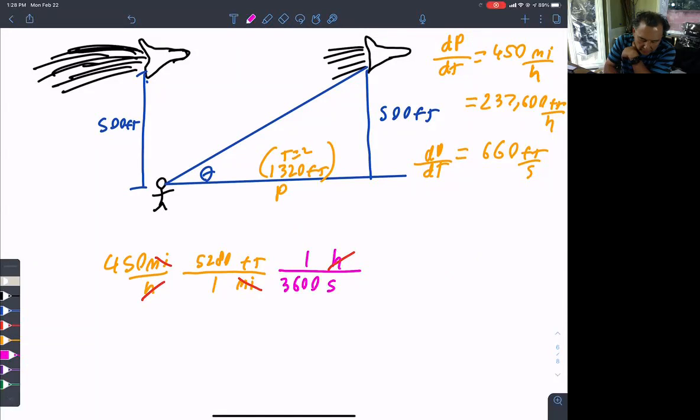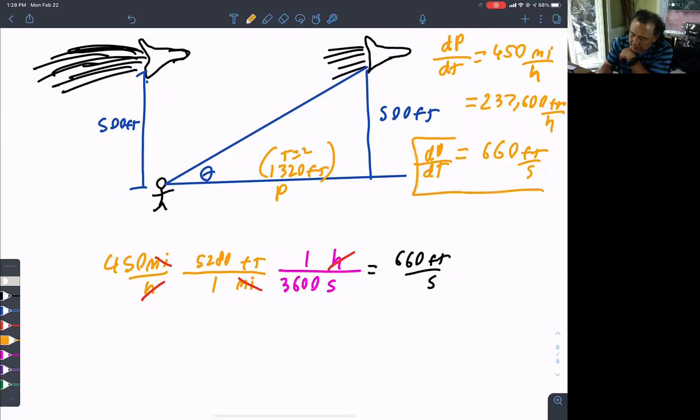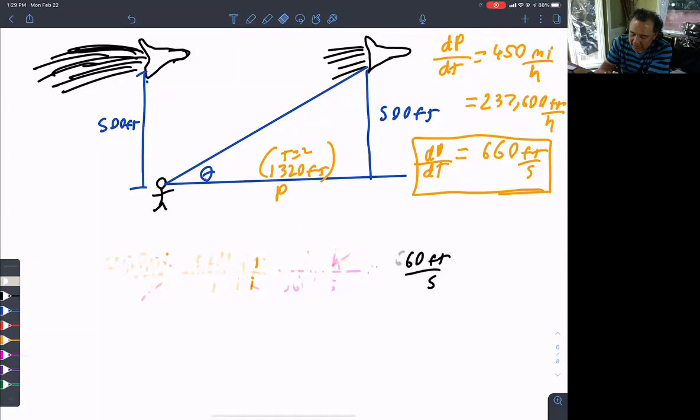So if you apply all of that, this will get you 660 feet per second. And so that's the conversion, and that's what I have written right here. So in the units I like, I get 660. Once you do that, then this problem flows a lot better. Still not perfect, but better.